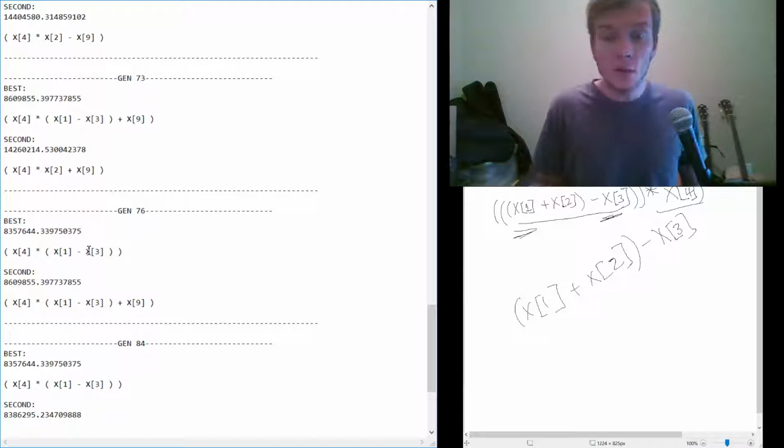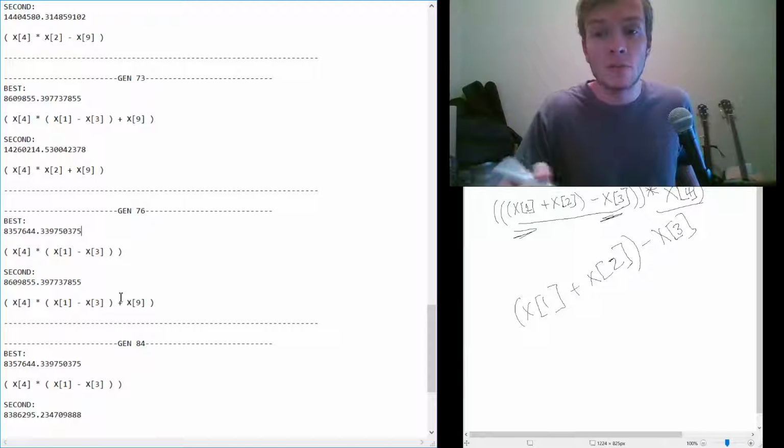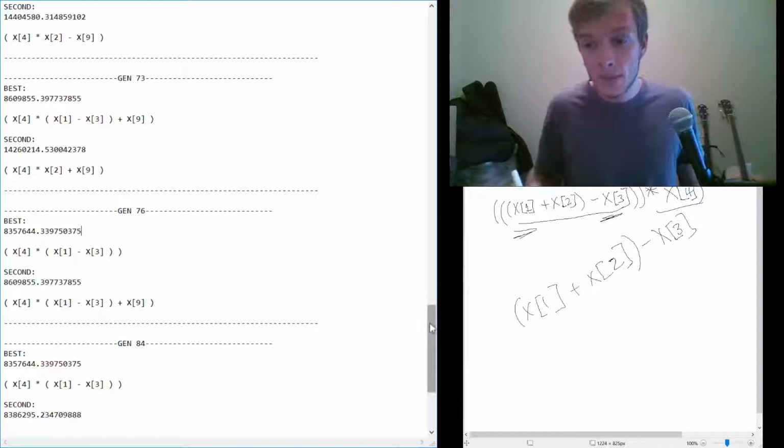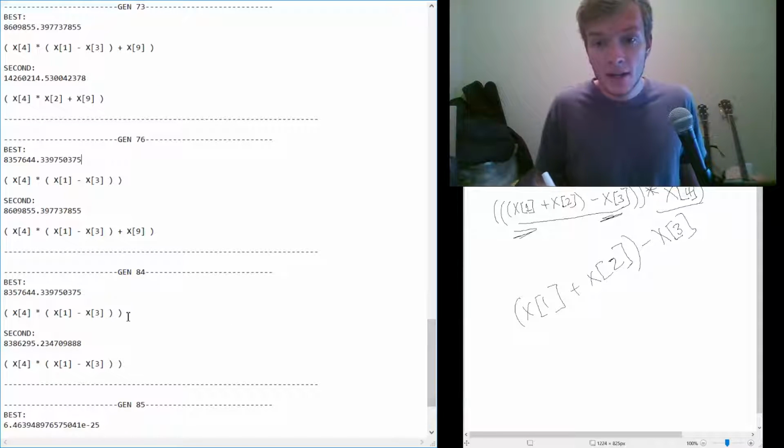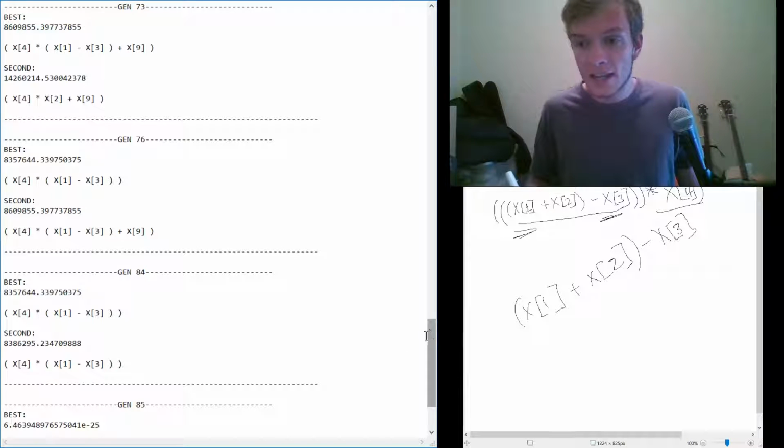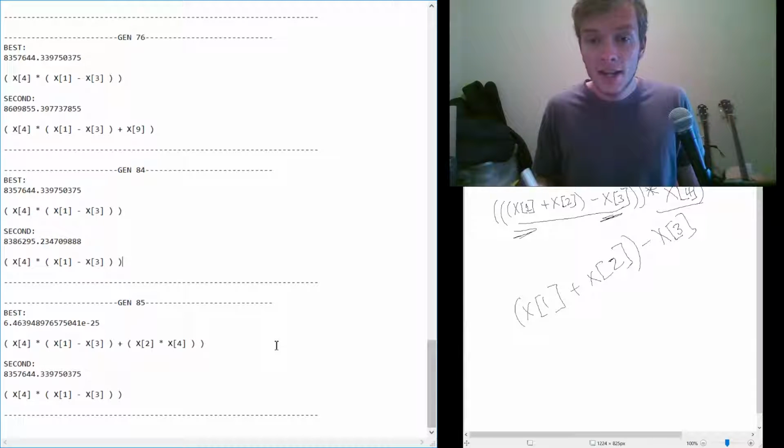You will see that the score is still pretty high, but this is the best score that anything has achieved up to this point in any of the runnings. So this will continue, and it's getting a little bit better by, well, it actually just put the exact same equation in. And then here we see this number.